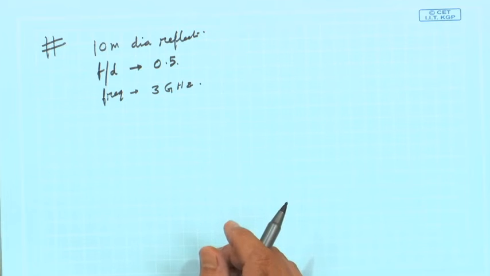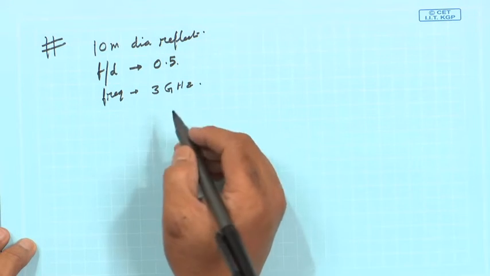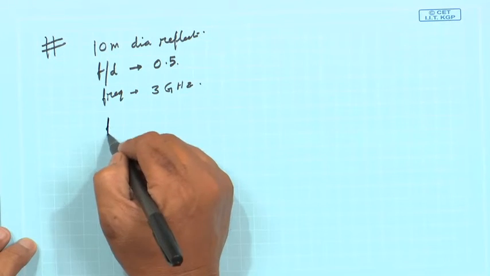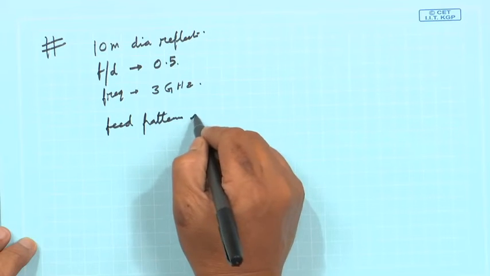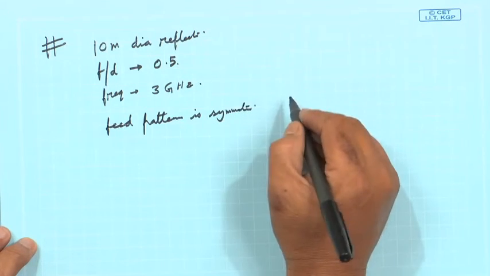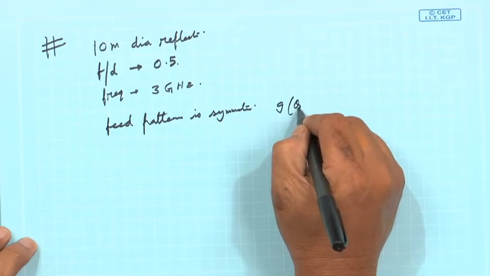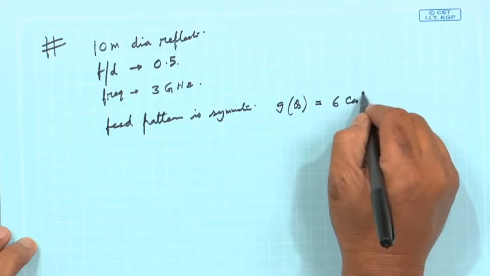The feed pattern is symmetrical and given by G(theta) = 6 cos squared theta.